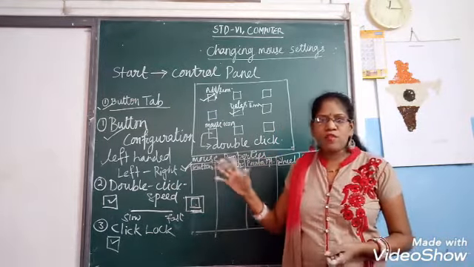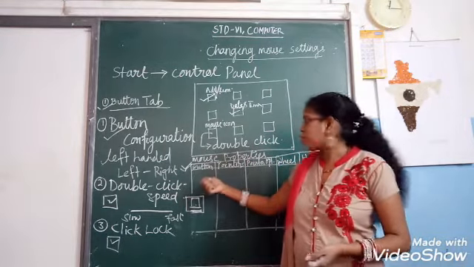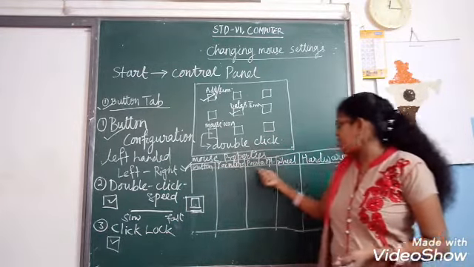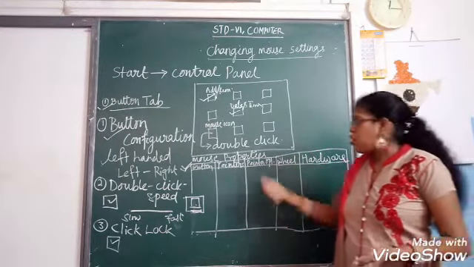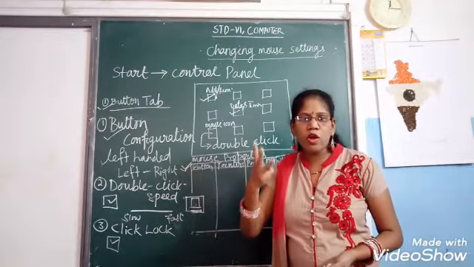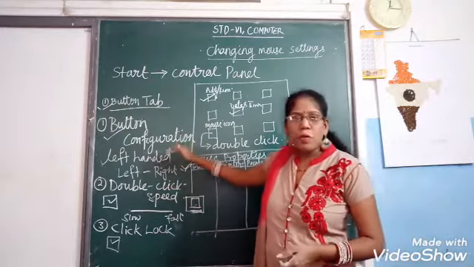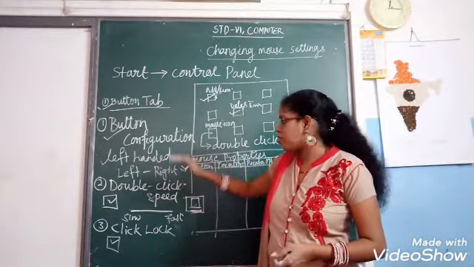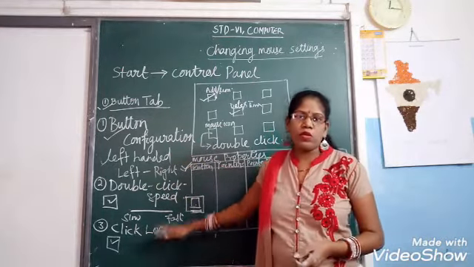There you will see 5 options: buttons, pointers, wheel and hardware. When you select the buttons tab, 3 more options come under it. What are they? Button configuration, double click and click lock.